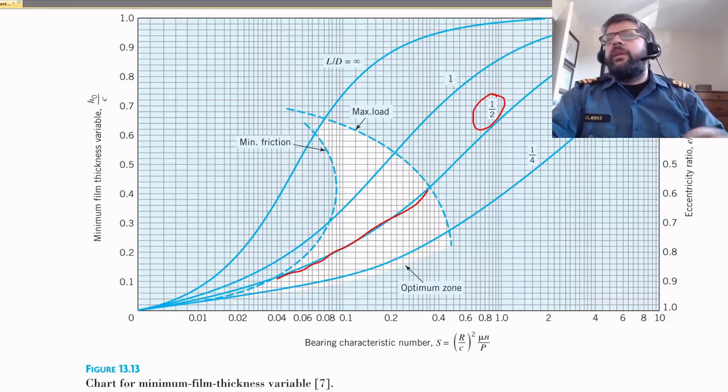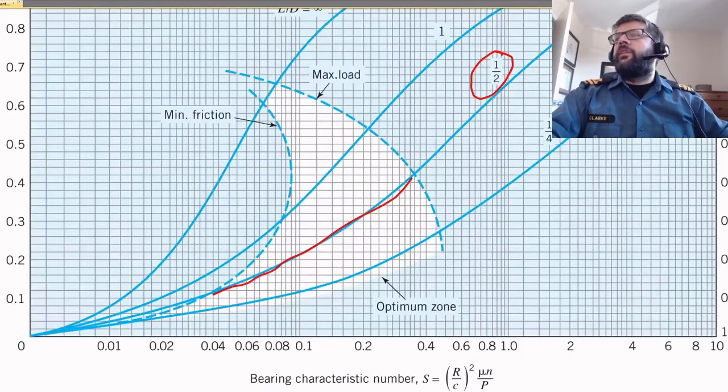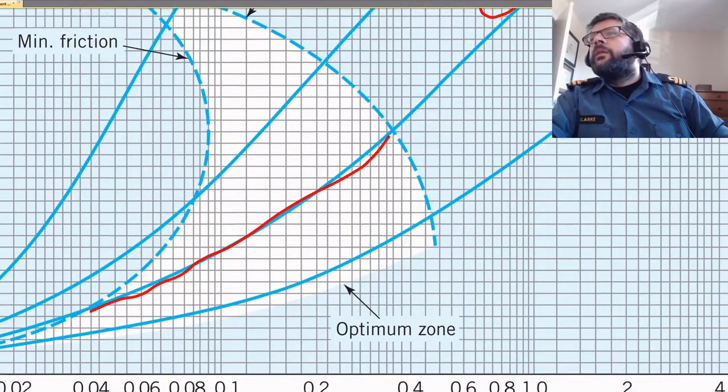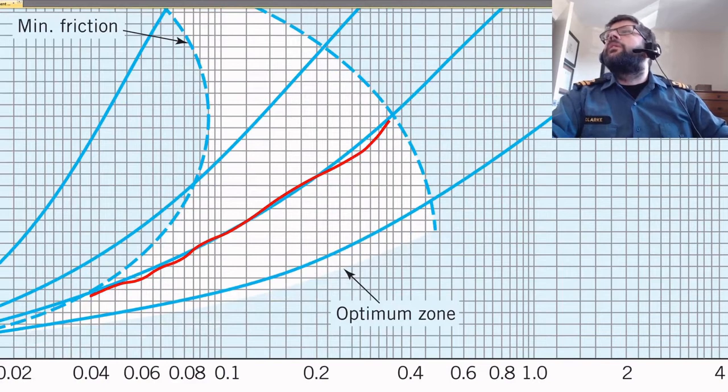So the top end intersection, just going straight down from this intersection, brings us down to there.